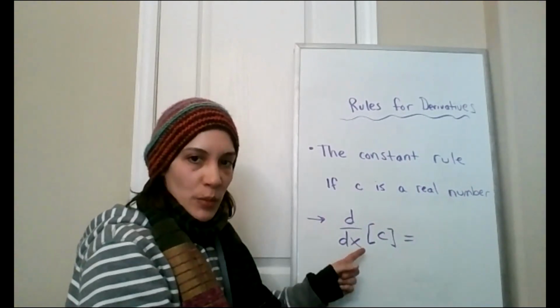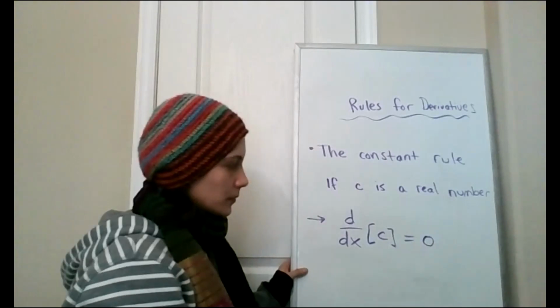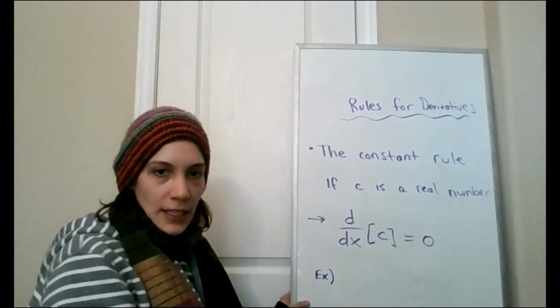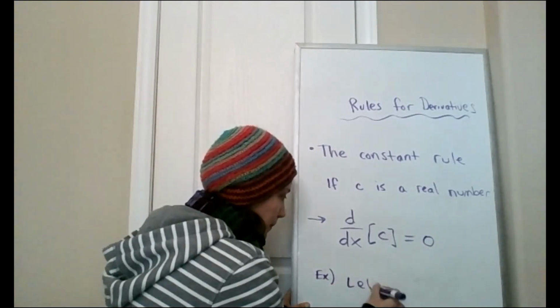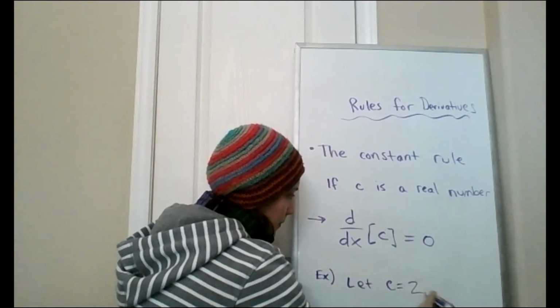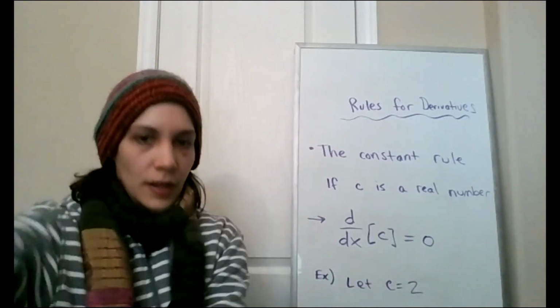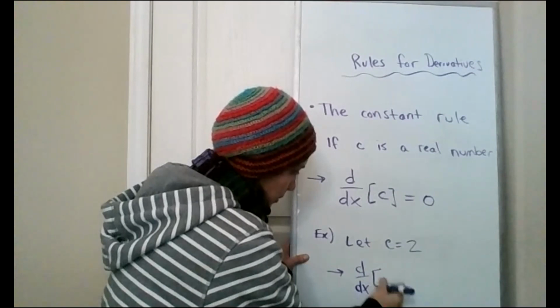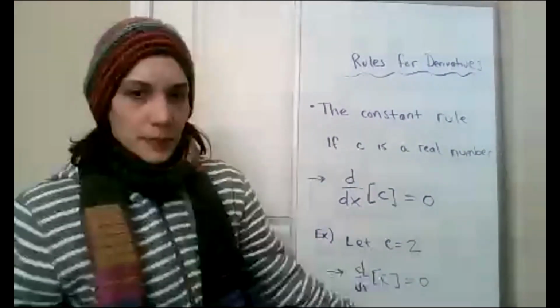The derivative of any number is 0. Let's say c is the number 2. The derivative with respect to x of the number c is 0.